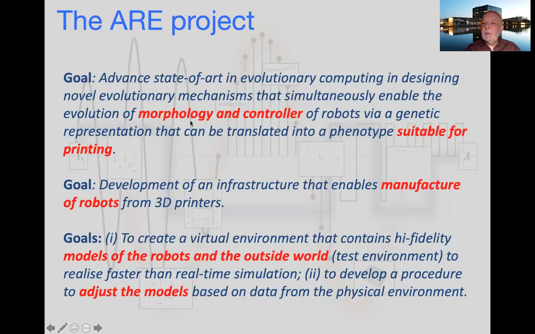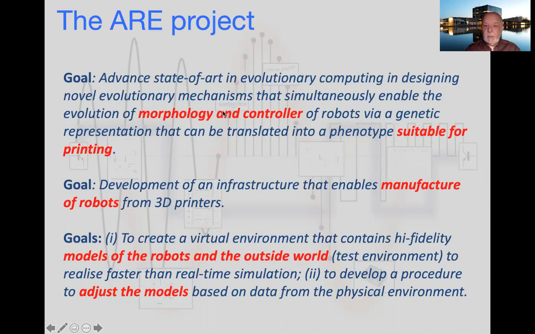In this case, we want to do both. And so the chances are we'll need new evolutionary methods to be able to do this properly. And of course, when they come up with a morphology, it needs to be in a representation from which we can then build the robot. And in this project, build the robot means 3D print it. Okay, so use 3D printing to print the robot. And we'll see some examples of it near the end.